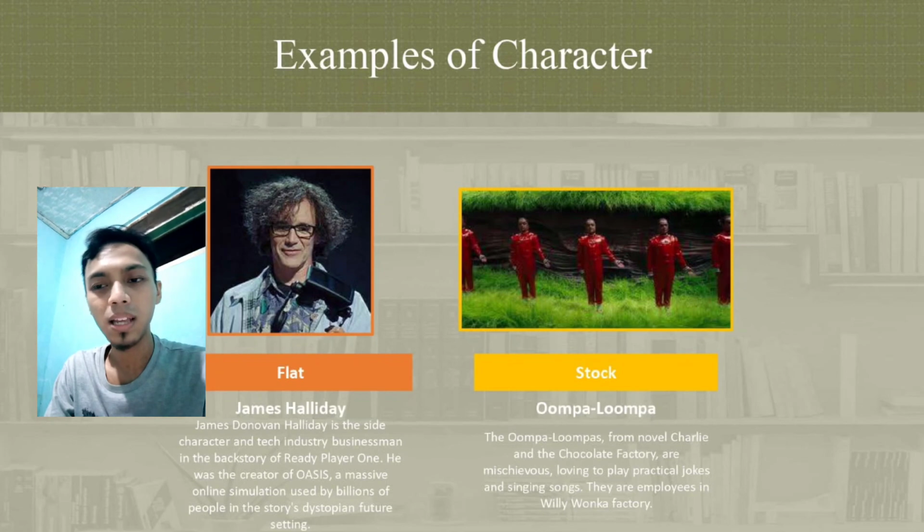But besides that, they did not have any development in their character. They are just plain in those characteristics, such as joking and singing songs, as we know in the movie and also in the novel. So those are all the examples of flat and stock characters.